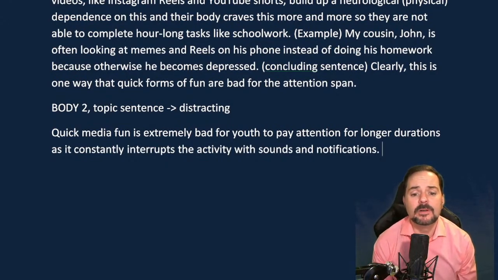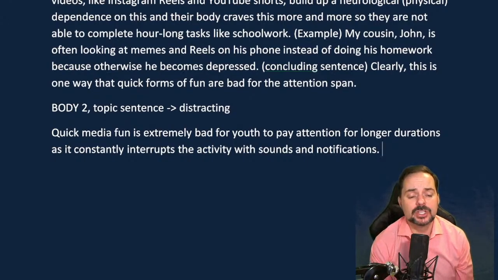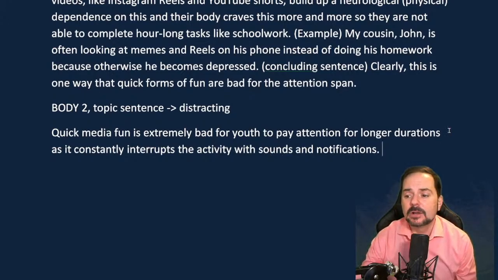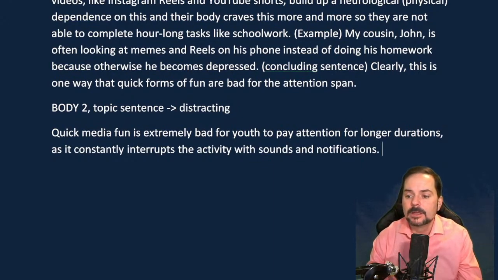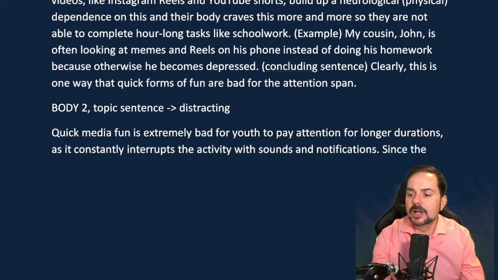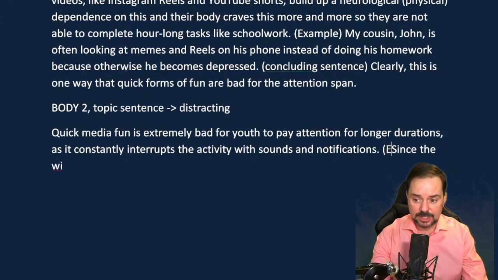So quick media fun is extremely bad for youth to pay attention for longer durations as it constantly interrupts the activity with sounds and notifications. Okay, so here comes my explanation. So that was my topic sentence. Now it's the explanation.